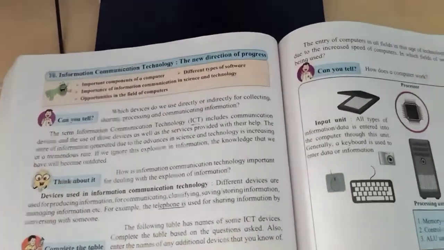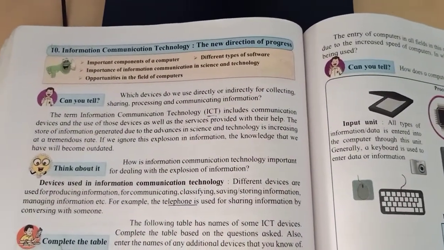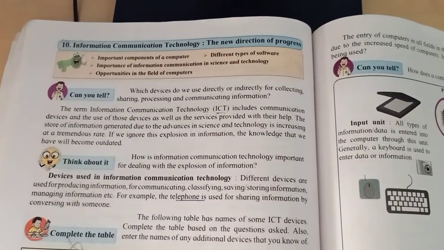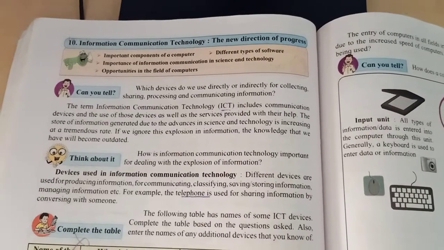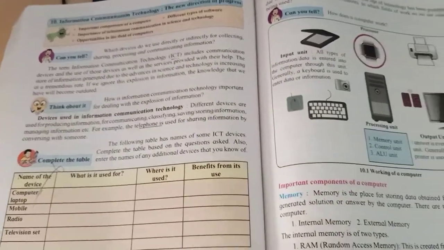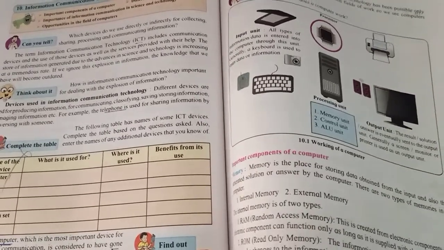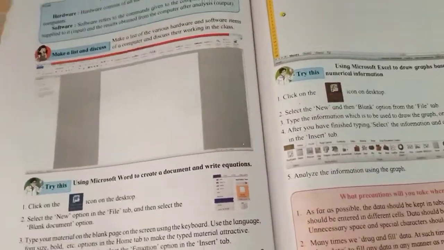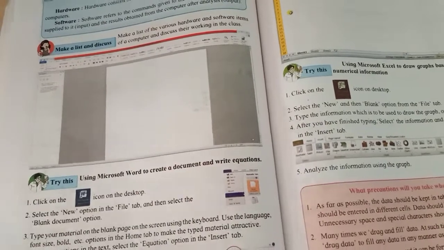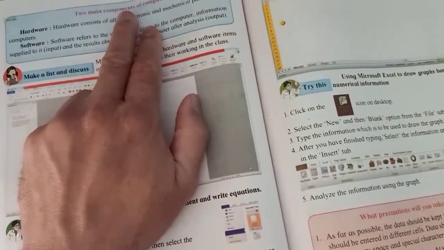Topic number 10, Communication Technology, the new directions of progress. In an earlier period, we studied information and the important components of a computer. In a computer, there are two main components.